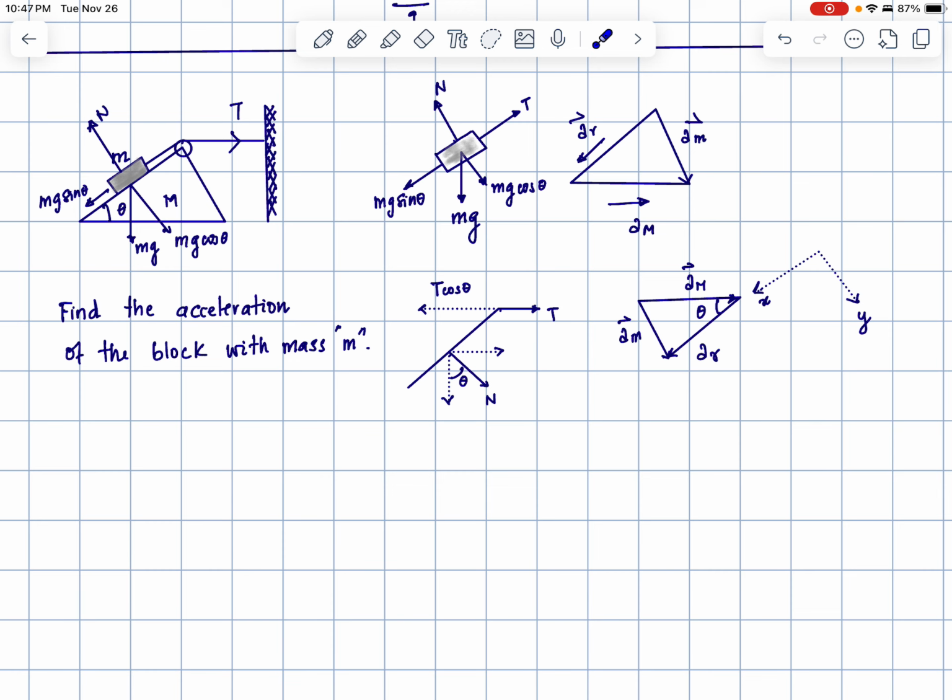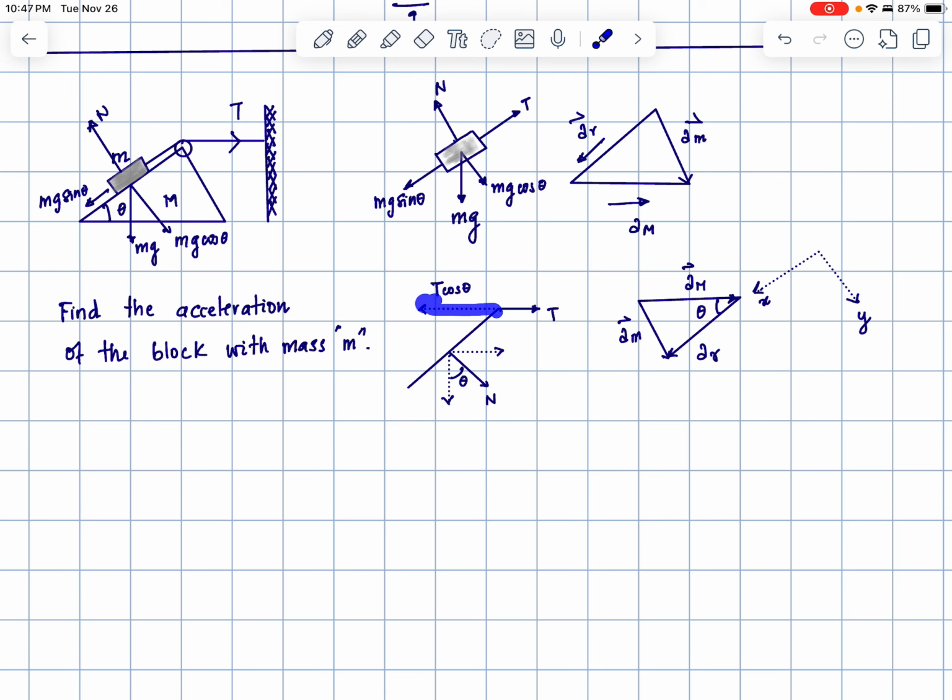Okay, so if you look at the free body diagram on the inclined plane block, okay, you will see that there is a tension that's pulling it towards the right. Now, there is here the back tension of the rope, okay, is T cosine theta, and it's pulling it back.